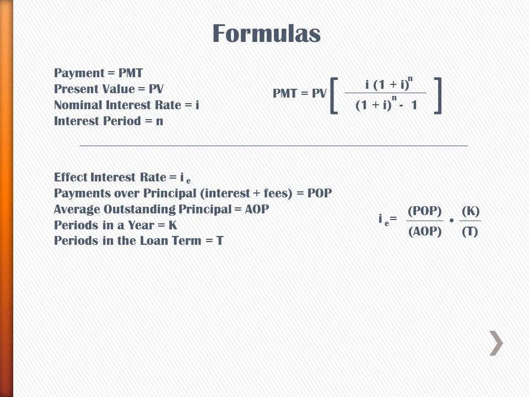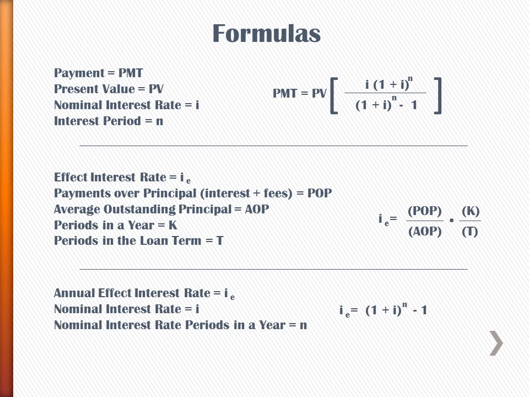Payments over principal, interest plus fees, is represented by POP. Average outstanding principal is represented by AOP, periods in a year by K, and periods in the loan term by T. In this final formula, annual effective interest rate is again represented by IE, and nominal interest rate is represented by I. Finally, nominal interest rate periods in a year is represented by N.